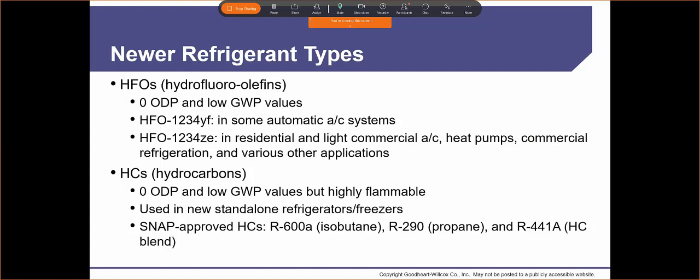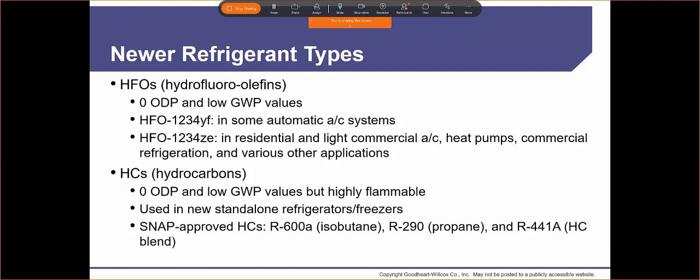We also have 1234ZE, used in residential, light commercial, heat pumps, commercial refrigeration, and various other applications. That's one of those refrigerants that may be coming out. One of the manufacturers may jump on it and say, we're going to be using 1234ZE in our products. We're already using 1234YF in automotive applications.